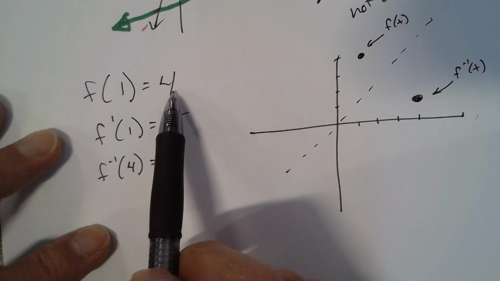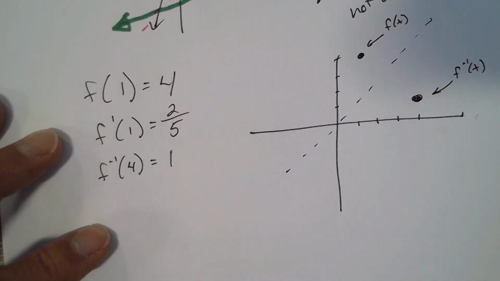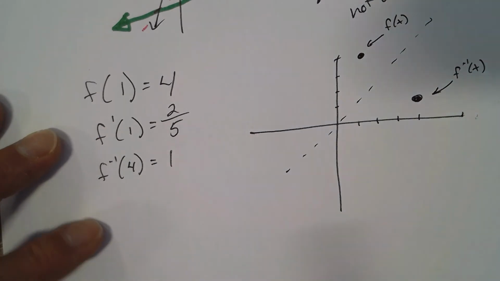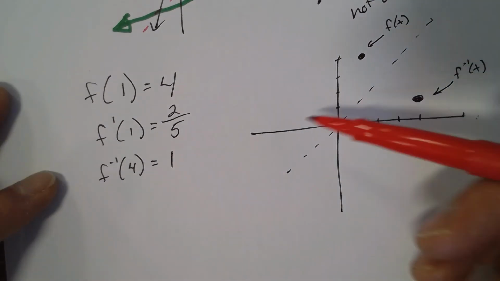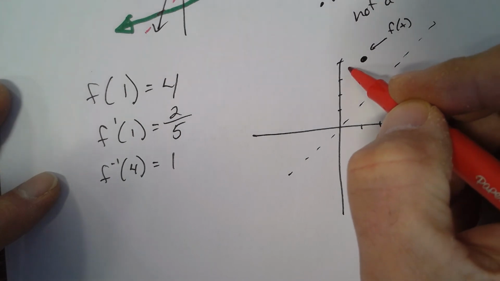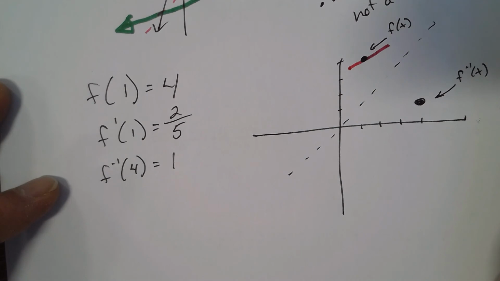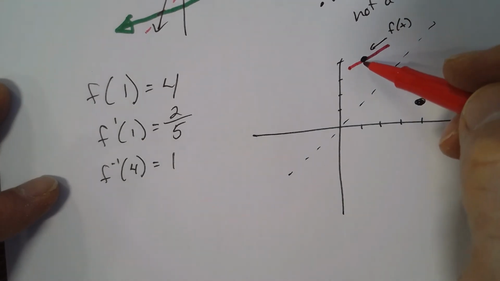So 1 comma 4, then 4 comma 1 exists on the inverse. We know that the derivative of the original at 1 is 2/5, so up 2 over 5, it's kind of like this. That's our derivative at 1 comma 4.